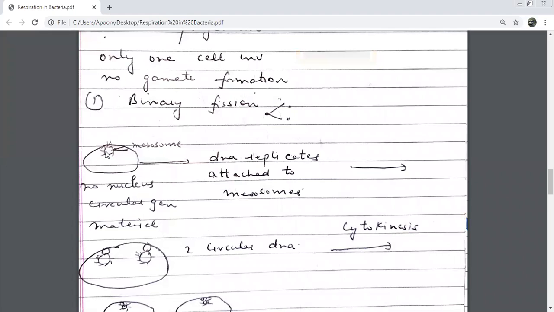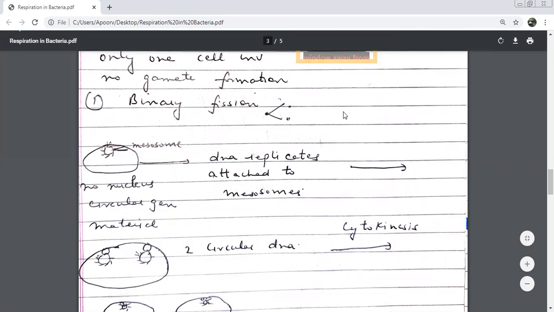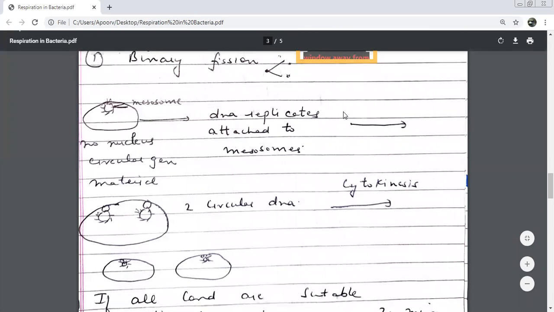Mesosome. First try to understand by looking at the figure. First I'll just show you the picture, and we'll explain afterwards. I'll give you one minute, you will understand quite a lot yourself. Please see this. I'll explain after a second.